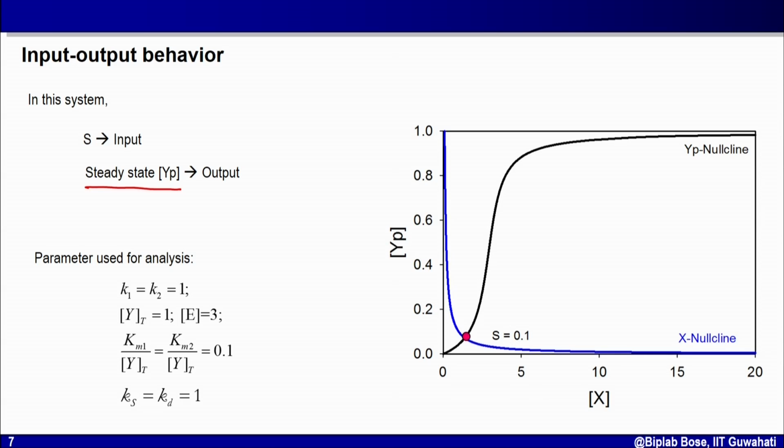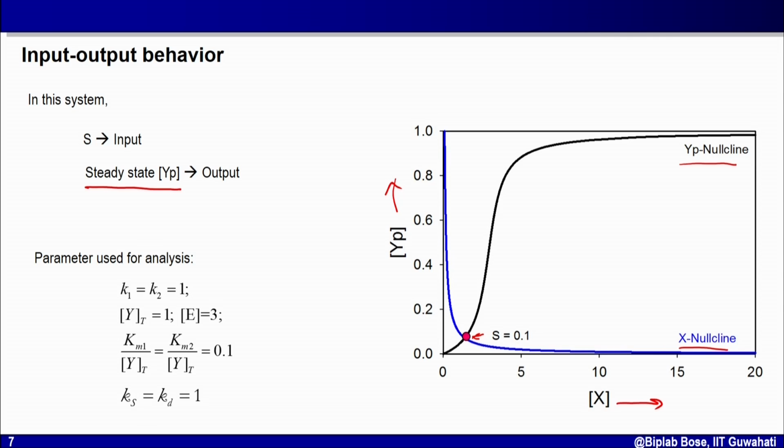So what I have done here, I have drawn the phase plane plot with X on the horizontal axis, YP on the vertical axis. I have the X nullcline here in the blue line and the YP nullcline here in the black line. And their point of intersection is shown here by this red dot.